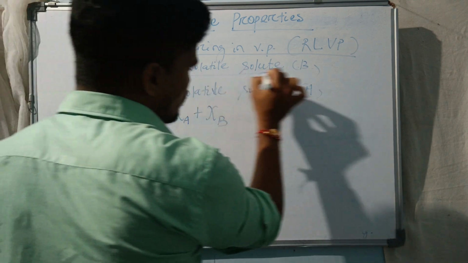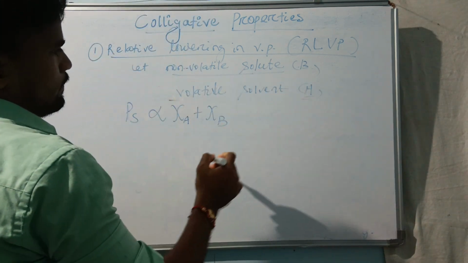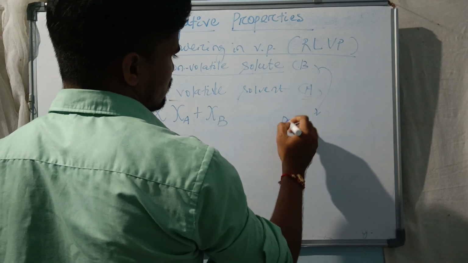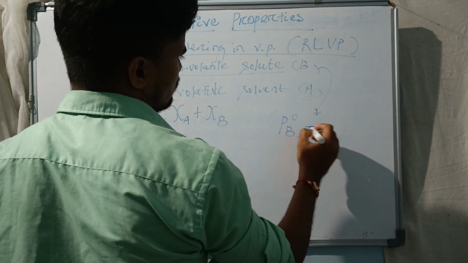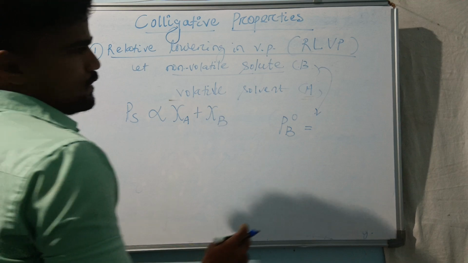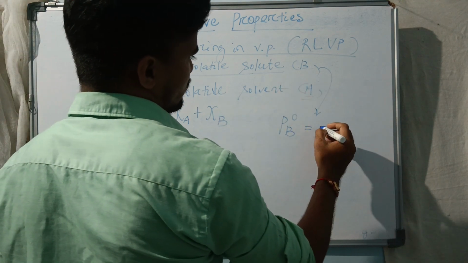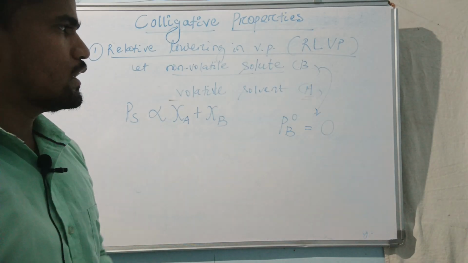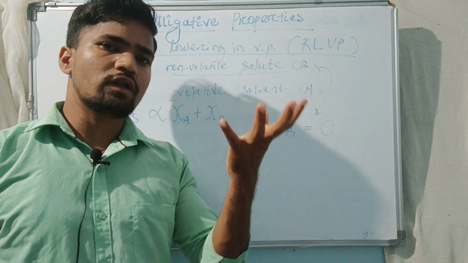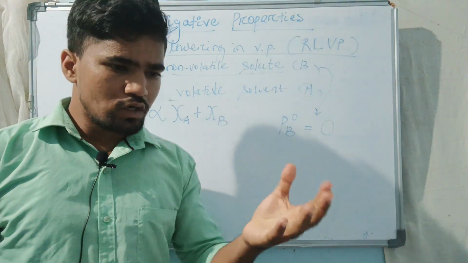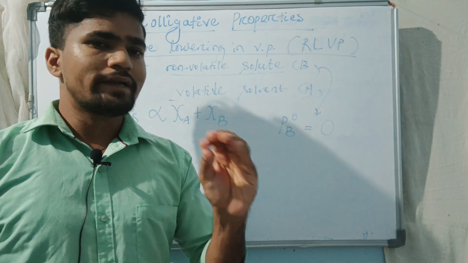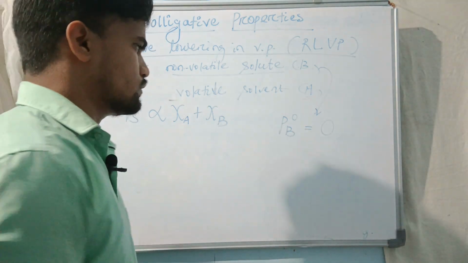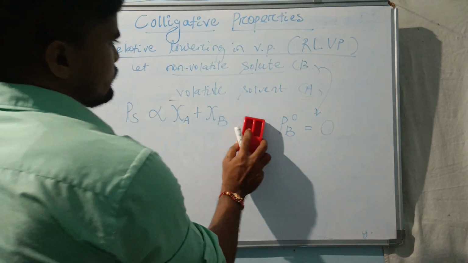As B is non-volatile, the pressure PB naught, the vapor pressure of this component, is 0. Why 0? Because non-volatile means they do not vaporize when exposed to air, so we cannot study the vapor pressure either. That is why PB naught is equal to 0, right?